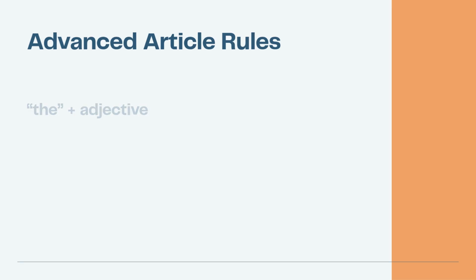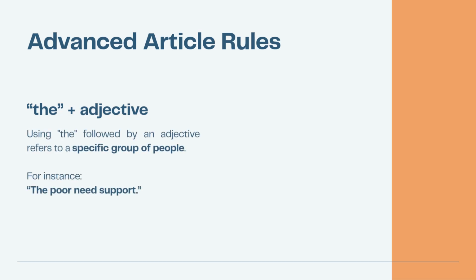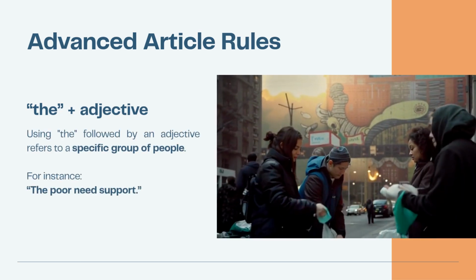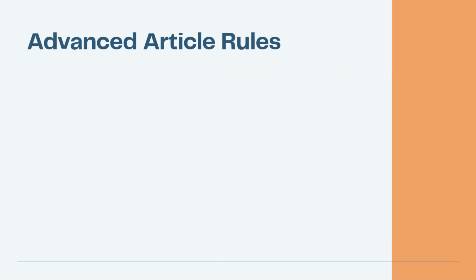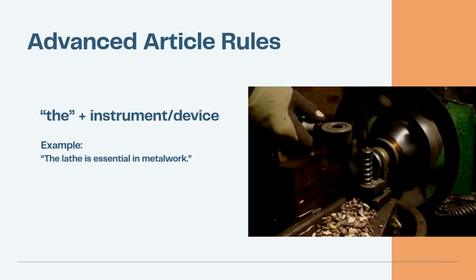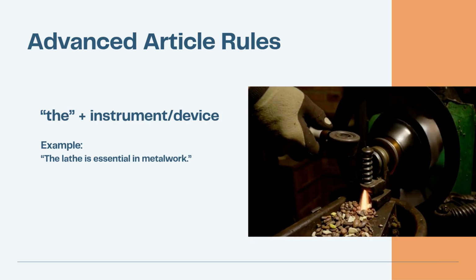First, the plus an adjective can describe a group of people, like the poor need support. And then, we can use the plus an instrument or device to talk about machines in general. For example, the lathe is essential in metal work.